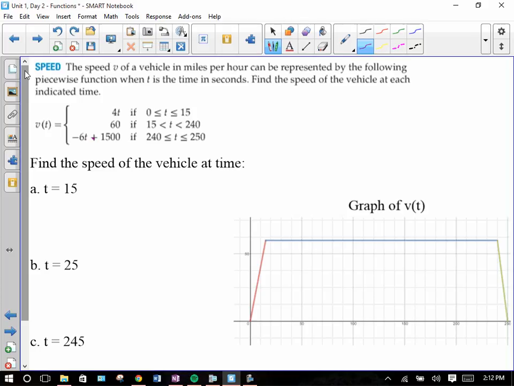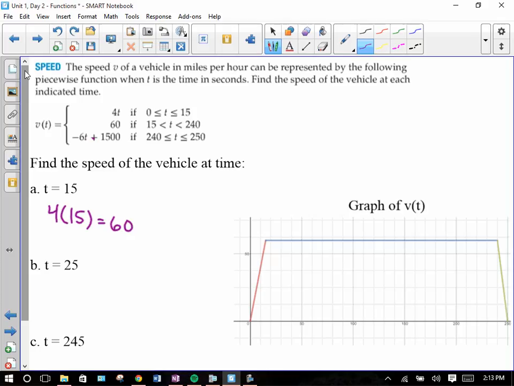Jericho, which equation am I using for t equals 15? Okay, so this is equal to 15. How come I'm not using 60 though? Okay, thank you. Alright, so we have 4 times 15, which actually happens to give you 60.